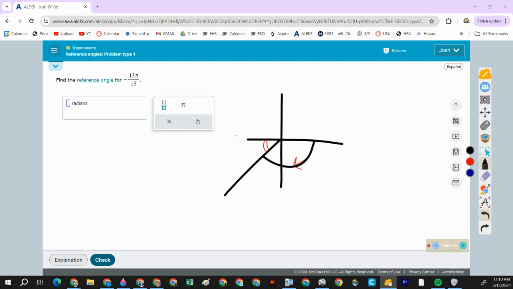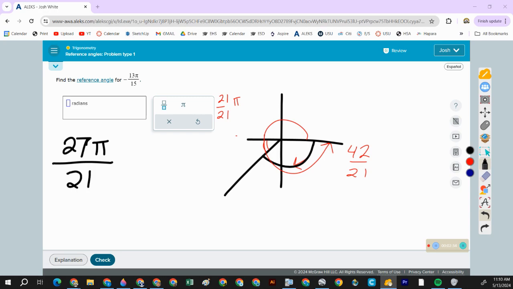Okay. What if I had 27 pi over 21? So how far is this? 21 over 21. And how far is this? 42 over 21.